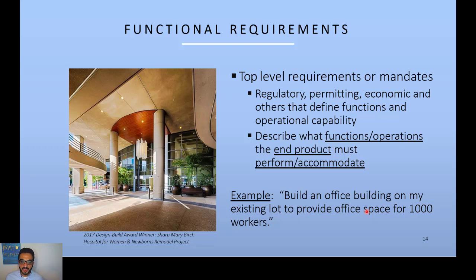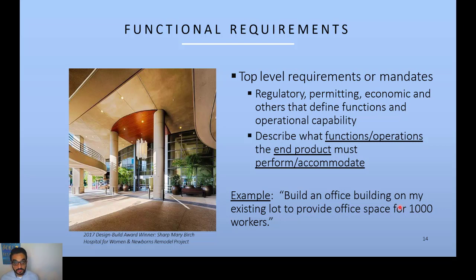So again, it is driven from the business needs of the owner. So an example here: you build for an owner, a tech company, that needs an office space, so you need to build an office space that will house or provide space for 1,000 workers. That's the business need of the owner.